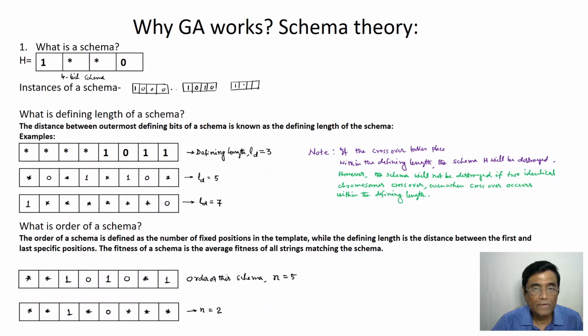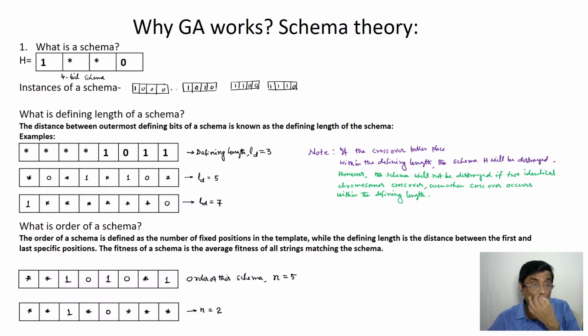So 1, 0, 0, 0, 1, 1, 0, 0, and another one. Since I have two bit features which are free to take any value, 2 squared, 1, 2, 3, 4, there will be 4 instances of this schema, which is denoted by H. So schema is clearly understood, right? This is a 4-bit schema example.